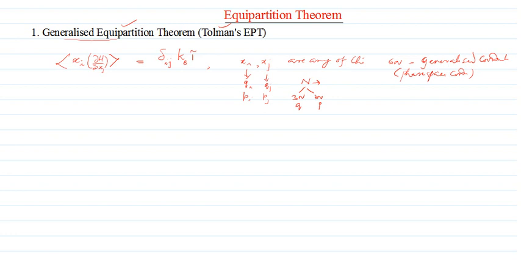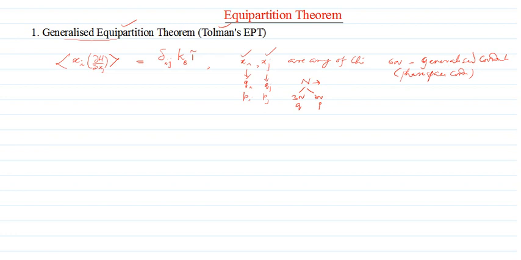We say that the phase space for an N particle system is 6N dimensional because it is spanned by 3N generalized coordinates and 3N corresponding or conjugate generalized momenta. So xi and xj stand for any of the 6N coordinates or momenta.